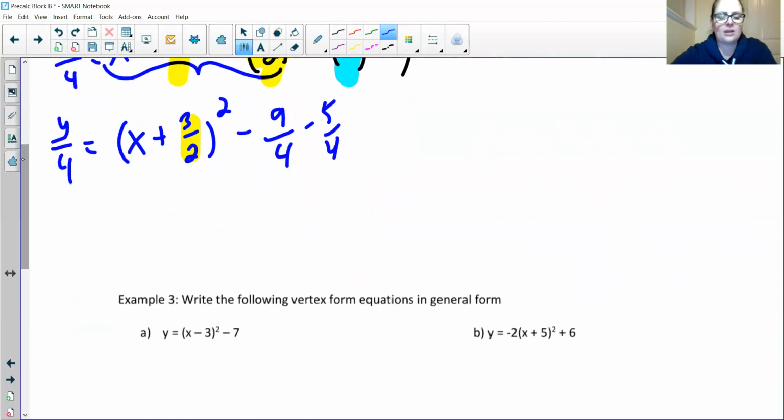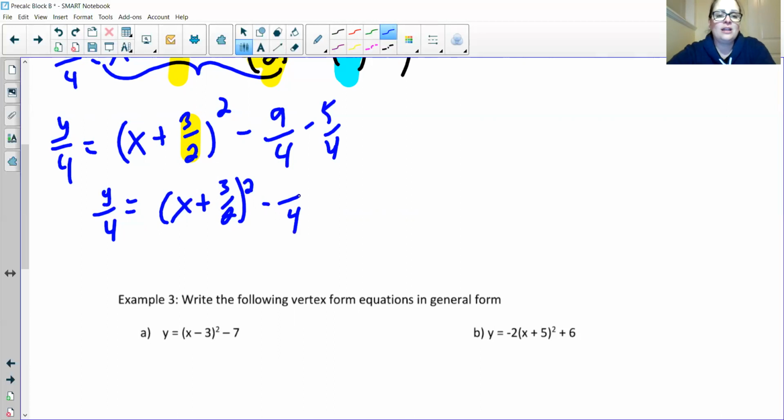And then I could simplify those like terms and then multiply everything by 4, or I could multiply everything by 4 and then simplify the like terms. Really doesn't matter. I could do both steps in one if I wanted to. I'm going to do them in 2 separate steps just to show what I'm doing. I'm going to simplify those like terms first. Remember when we add fractions with the same denominator, we just add the numerators. So if you have -9/4 and we subtract another 5/4, we have a total of -14/4.